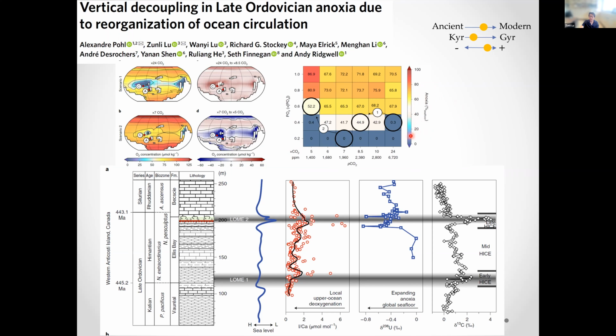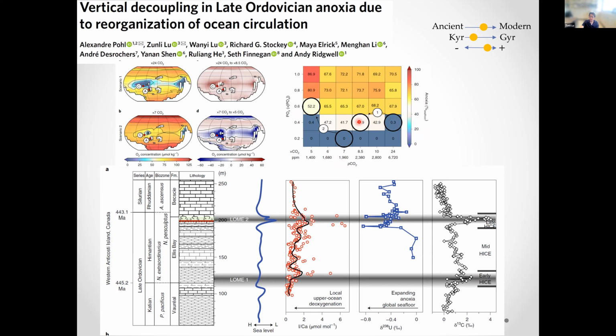So you can have pCO2, on the x-axis here. If you cool the ocean from a relatively high pCO2 level without changing the phosphate, the nutrient level, the model says you can increase the anoxia from almost nothing to 50%, roughly half the seafloor becoming anoxic.